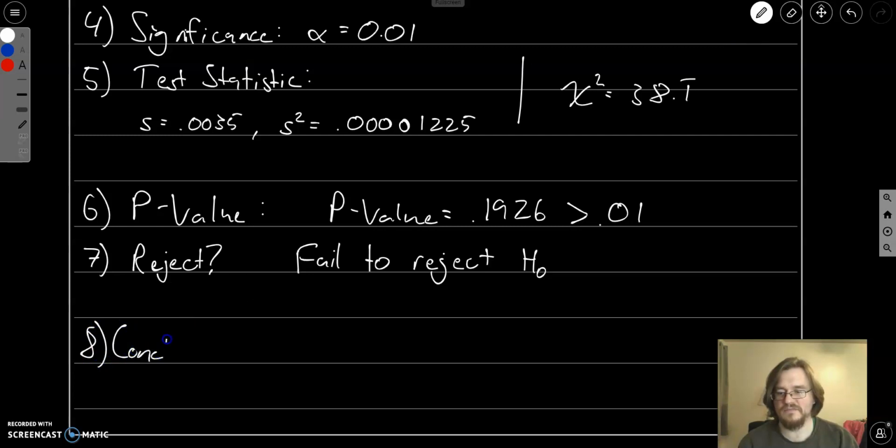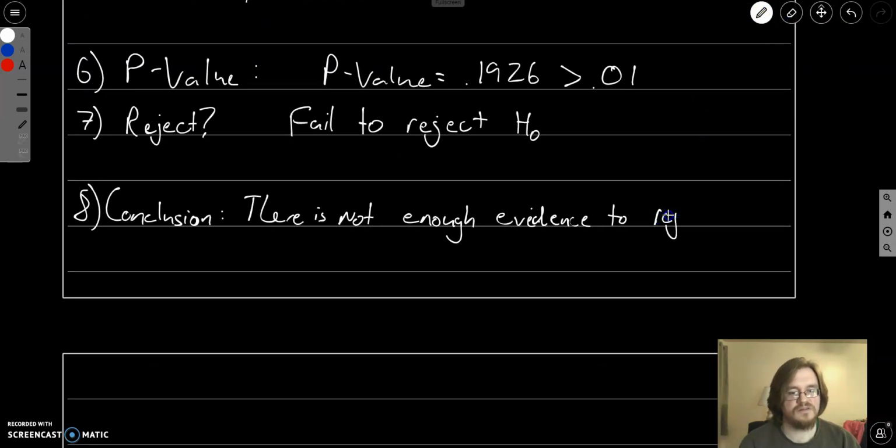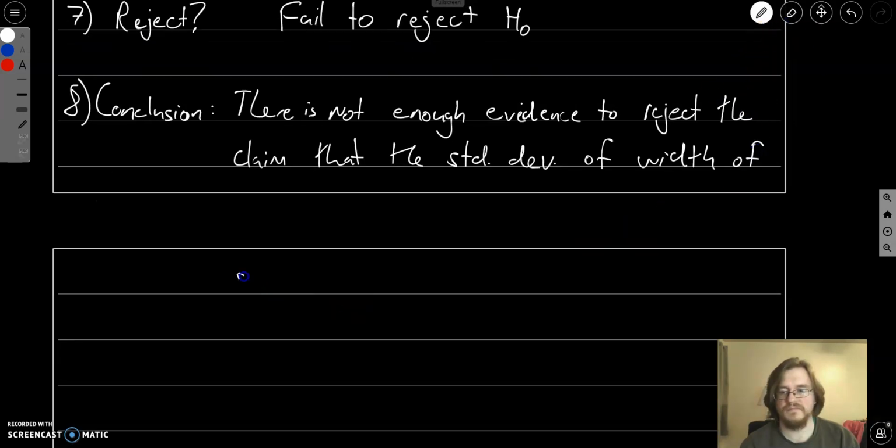So our conclusion, there is not enough evidence to reject the claim that the standard deviation of width of sprockets is 0.003 inches.